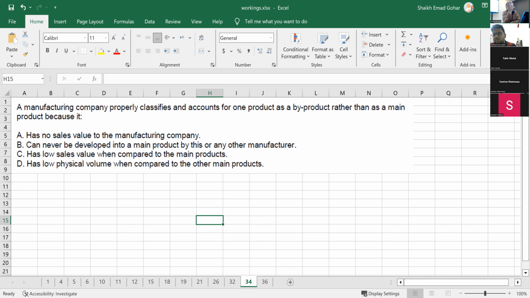Think about it. You understand? Even if you want to make it, it will take a lot of effort and time, some extra effort which is not justified. Like all those small wooden pieces, you say we will combine them together and make a table out of it.